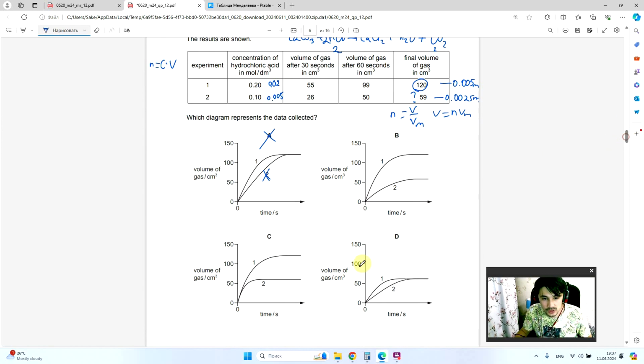Look at option C. So we have correct volumes in both experiments, but slopes are very close to each other. You see slope in experiment 1 and 2, they are similar to each other. And in D, the volume for experiment 1 is not correct.